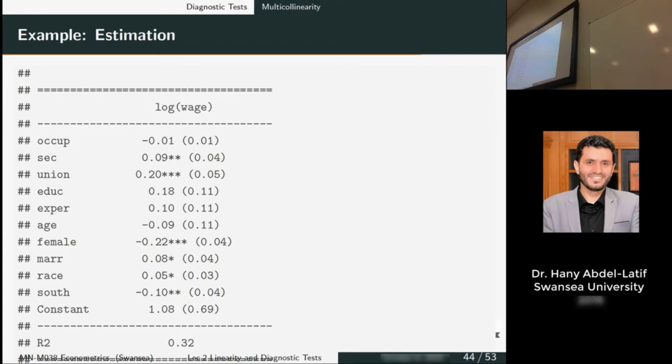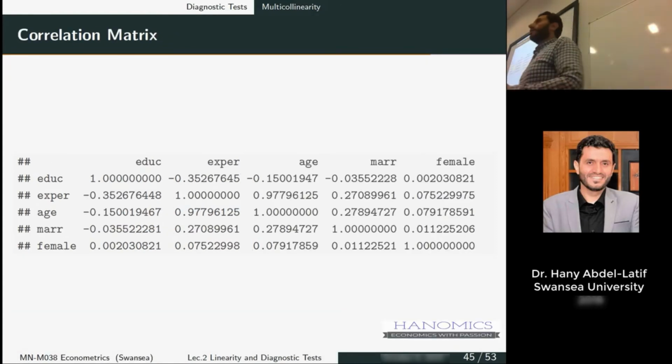Do you expect that any of these variables are correlated with each other? How about if we calculate the correlation matrix? Let's have a look. How about experience and age?